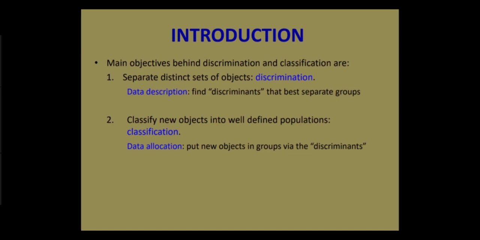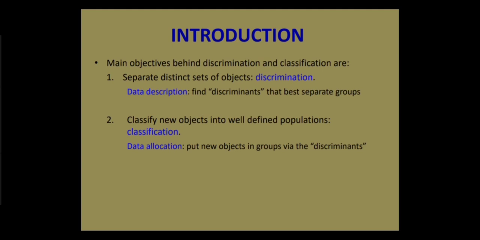Actually, we have two goals in doing discrimination and classification. The first one is to separate distinct sets of objects, which we define as discrimination. It is the data description, where at this point we find the discriminants that best separate the groups.